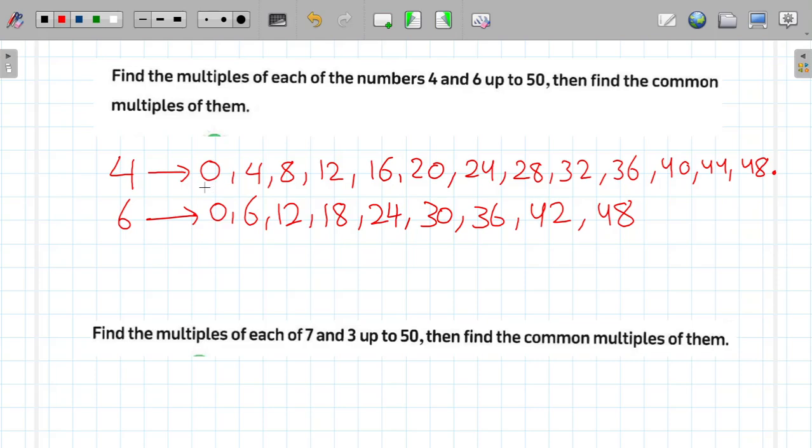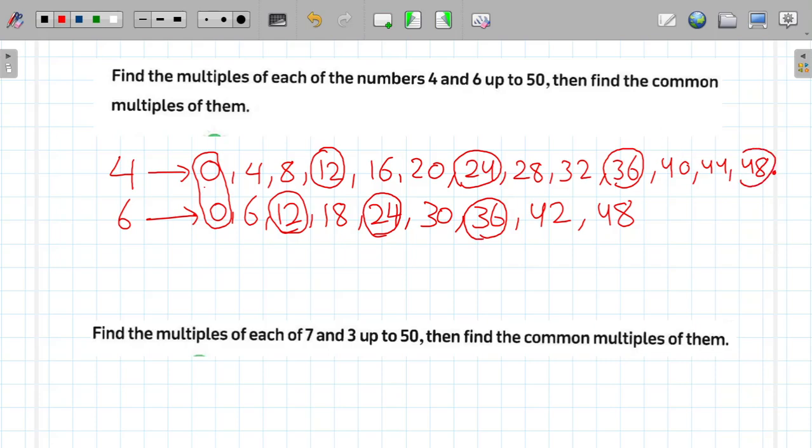Okay, so I will search for the common multiples between the two numbers. I will start with 0. This is the first one. Next I have 12. Next I have 24. And I have 36. And next I have 48.